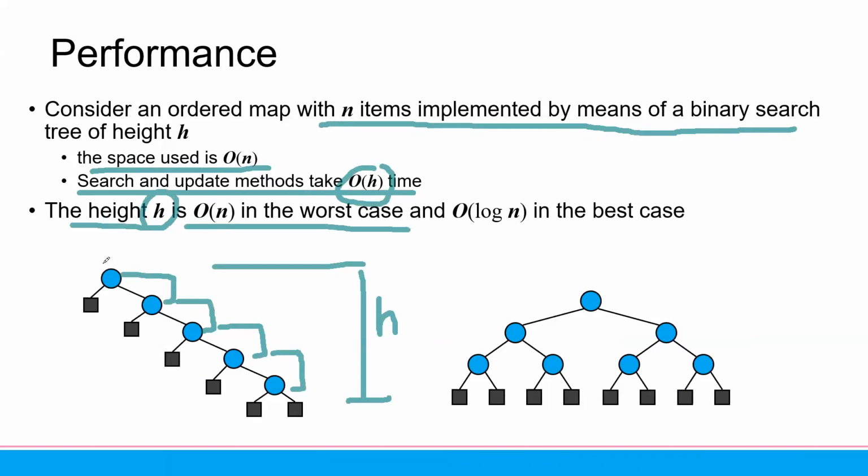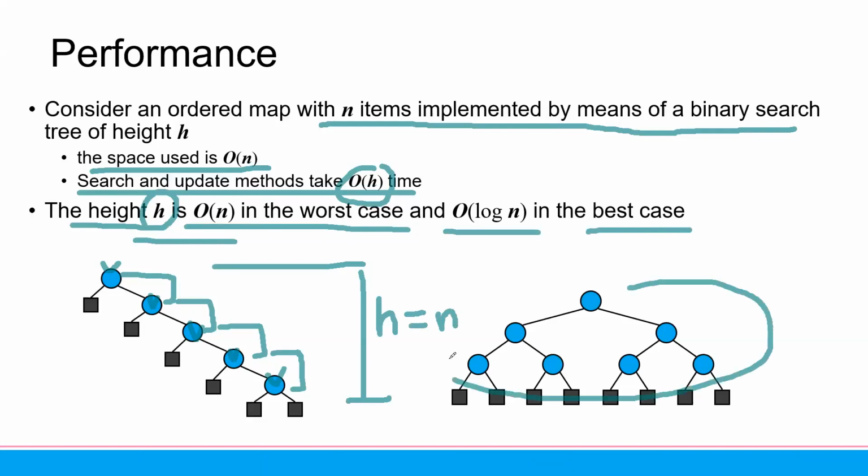The worst case means if we have 1, 2, 3, 4, 5, then h equals n. So in the worst case, we have h equal to n. That's why O(n) is the worst case. But in the best case, we will have O(log n). In this case, the height is almost half the number of nodes. 1, 2, 3, 4, 5, 6, 7.